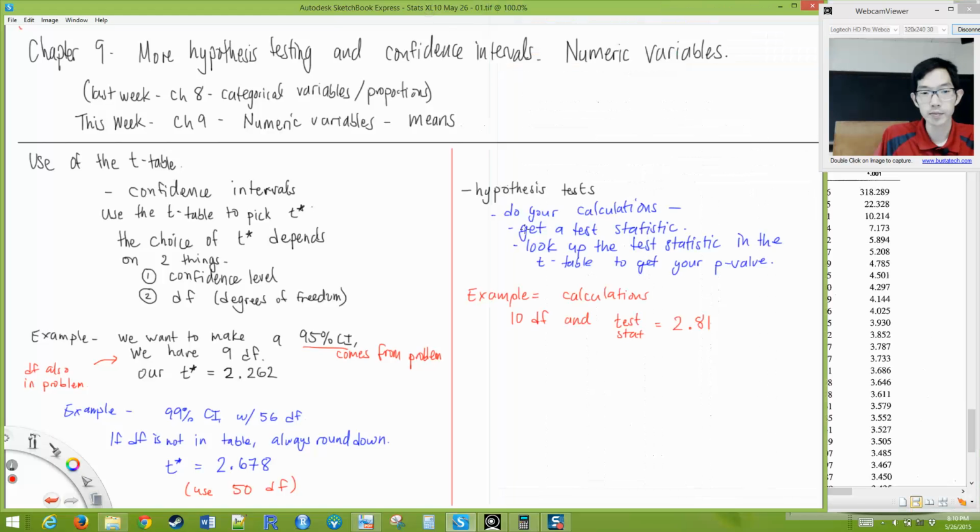Okay. 10 degrees of freedom, your test statistic is 2.81.